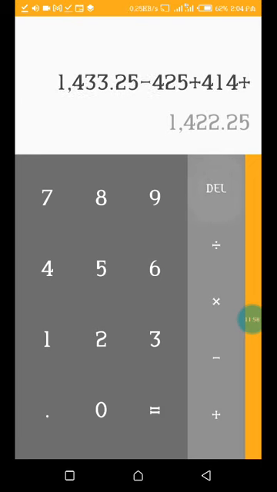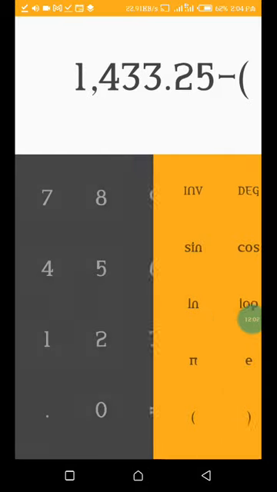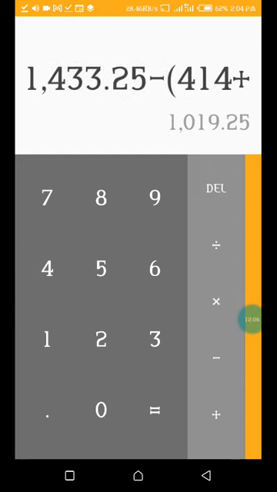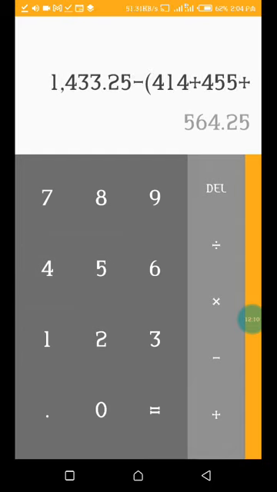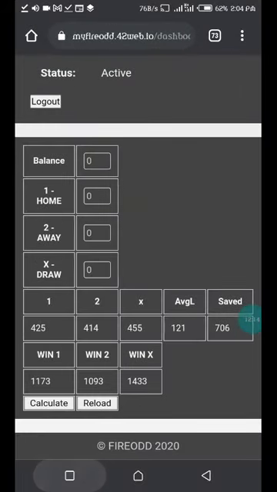I think I'm going to put all this in brackets because of the way the calculator is. So 414 plus 455 plus 425.